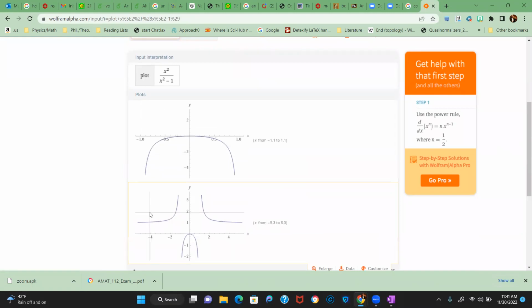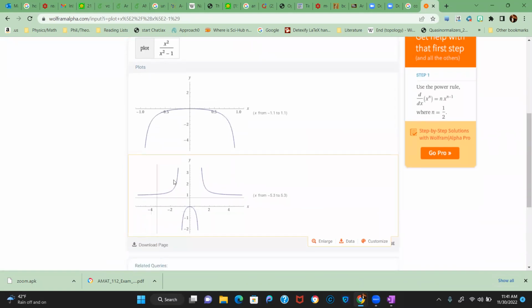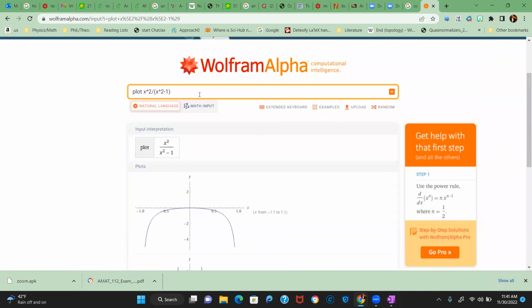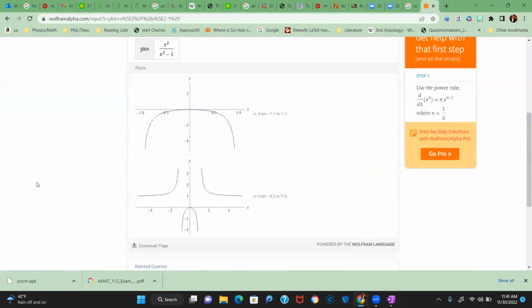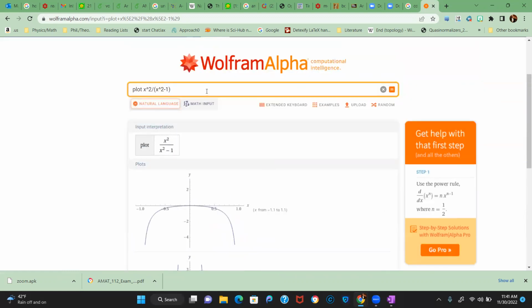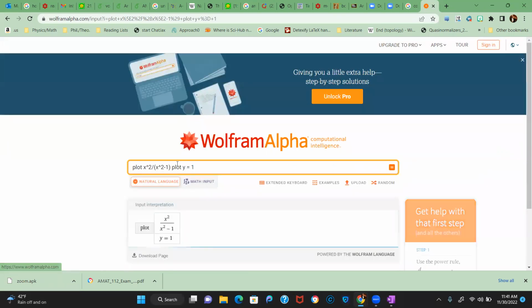All right. First of all, you can see that there's this horizontal asymptote right here. This is what we found. We found that one was a horizontal asymptote. So if you plot that, y is equal to 1.